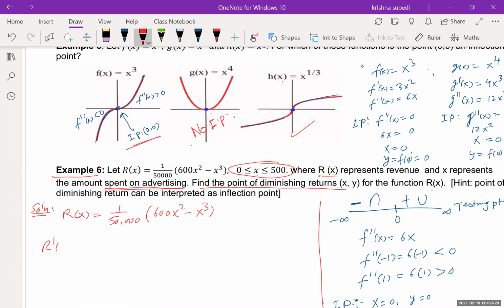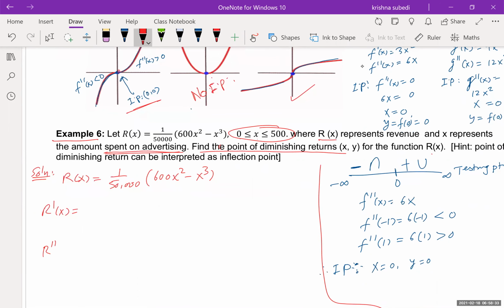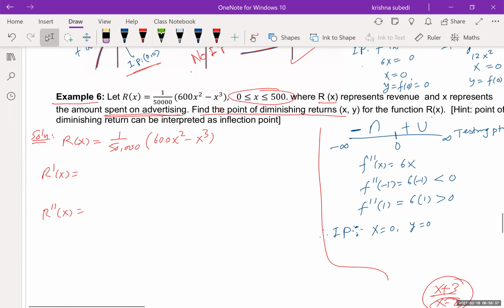So find the first derivative. I trust that you know how to find it. Find the second derivative. I trust that you know how to find it. And then for inflection point, your r prime of x equal to 0 or undefined. There is no such number.